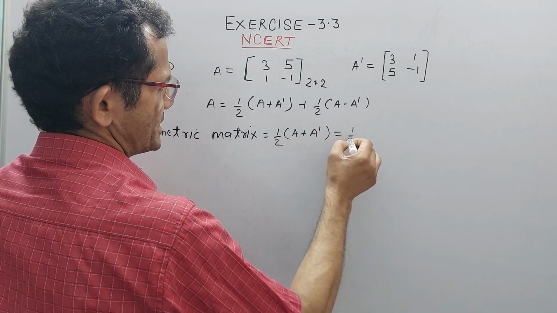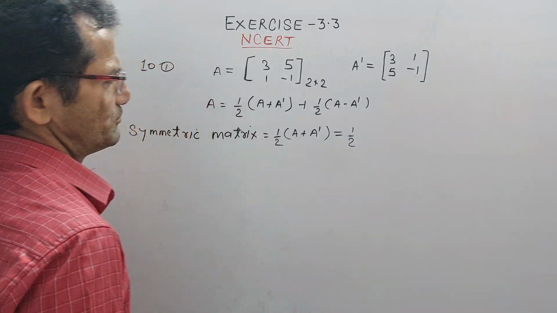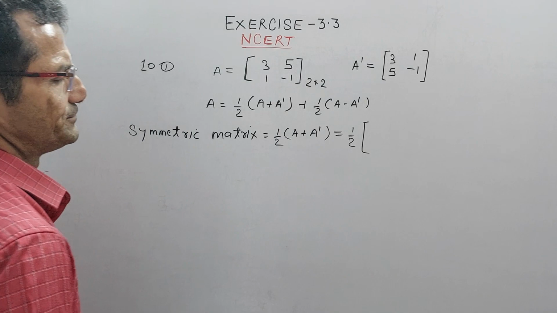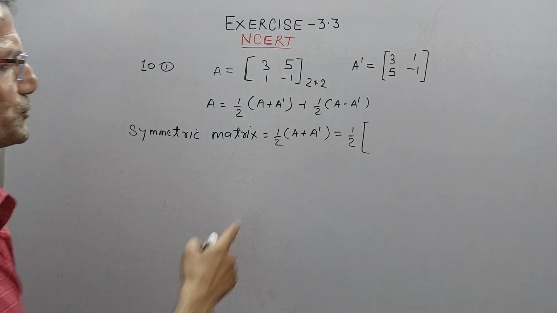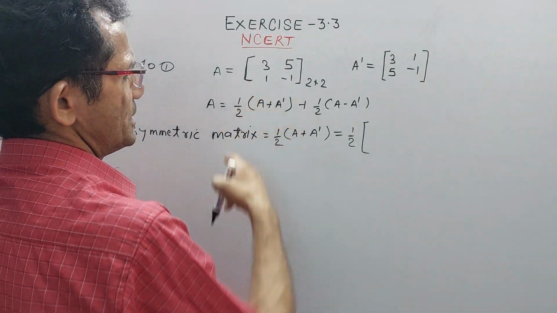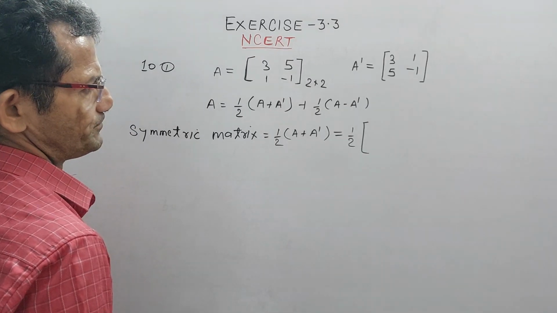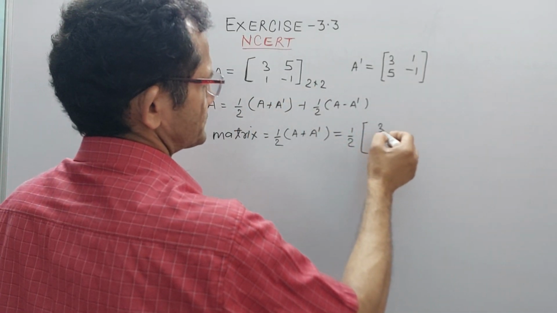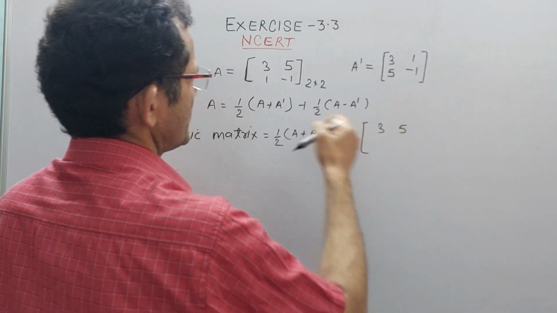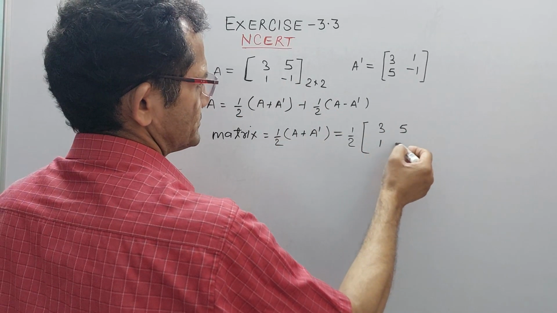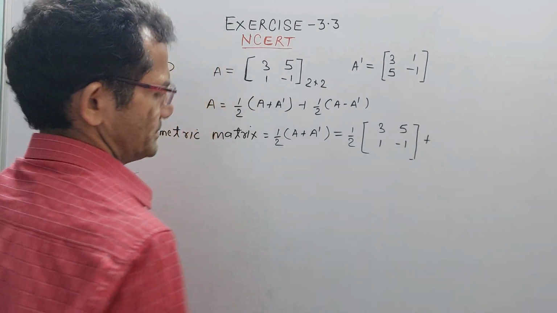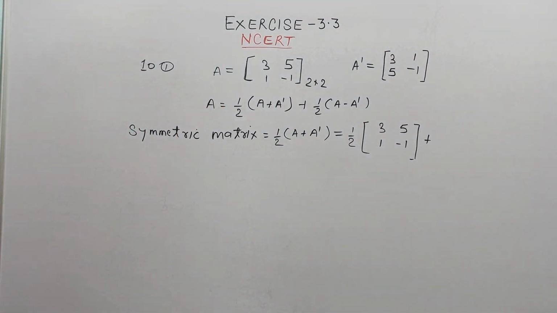Just adding the corresponding terms, if I put in the values of A and A dash, half should be multiplied with both. So half, and putting in the value of A, 3 5, 1 minus 1, plus A transpose, which has the value 3 1 in the first row and 5 minus 1 in the second.